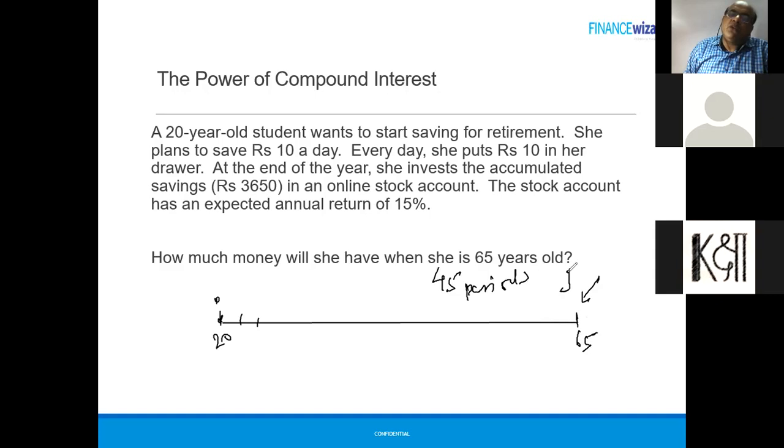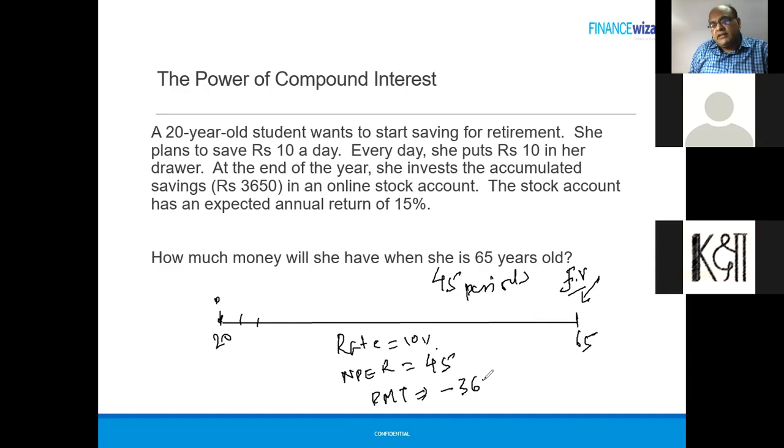So we have to calculate the future value, FV, where the rate is 15%. NPER we have just assumed to be 45. PMT, every year there is a payment. PMT is minus 3,650 rupees. PV, there is no PV. She does not have any money to invest immediately, so PV is 0.